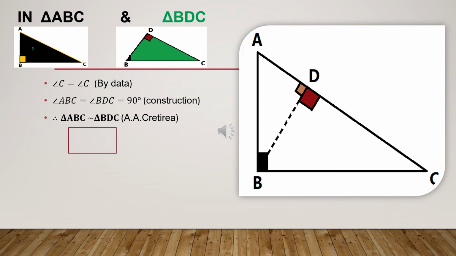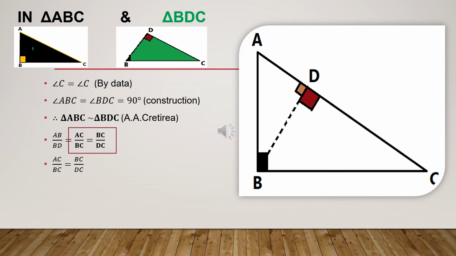BDC. Then we write the ratio of corresponding sides as AB divided by BD is equal to AC by BC is equal to BC by DC. Consider two ratios. AC by BC is equal to BC by DC.